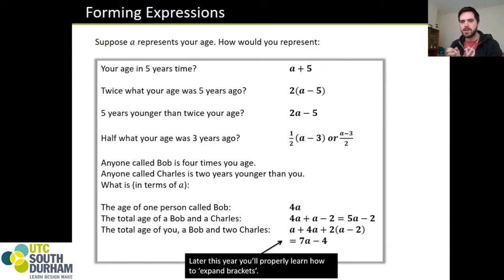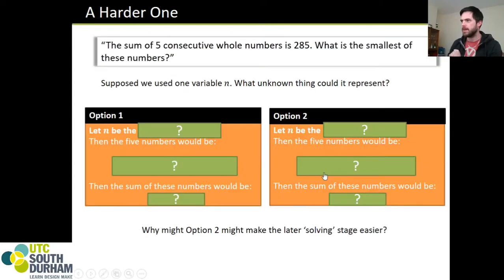If you need a bit of practice on expanding brackets, that may be helpful. But intuitively, we could know that 2 lots of a minus 2 would be 2a minus 4. We've just doubled everything up, which means that we're looking at a plus 4a plus 2a, which is 7a, and then the minus 4. We will come to expanding brackets later, so please don't worry about that. It's about 2 more videos down the line from here.